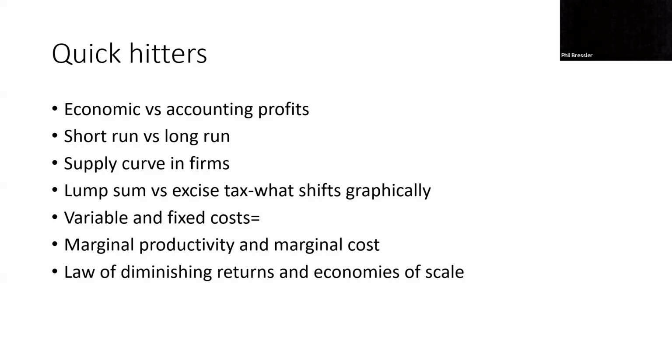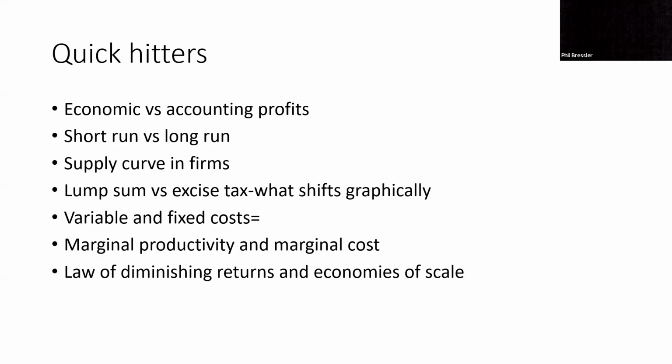I could have been a lawyer instead of a teacher, so instead of making 50,000, I could be making 200,000. That would be my implicit cost. Unless you're told otherwise, we always go with economic profit: total revenue minus explicit and implicit cost. Accounting profit is total revenue minus explicit cost only.